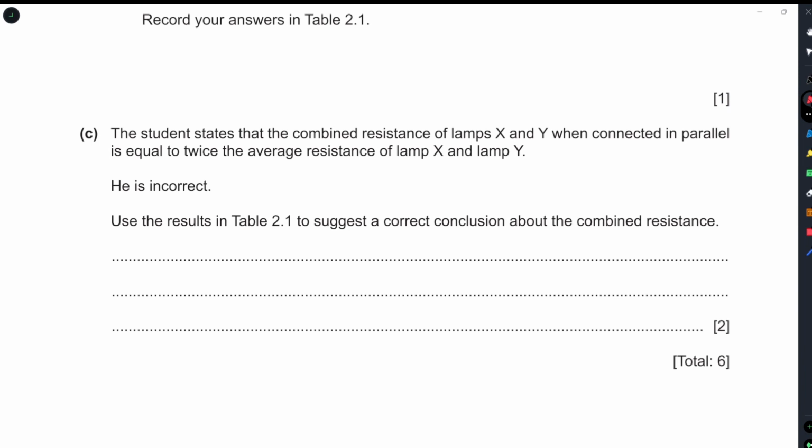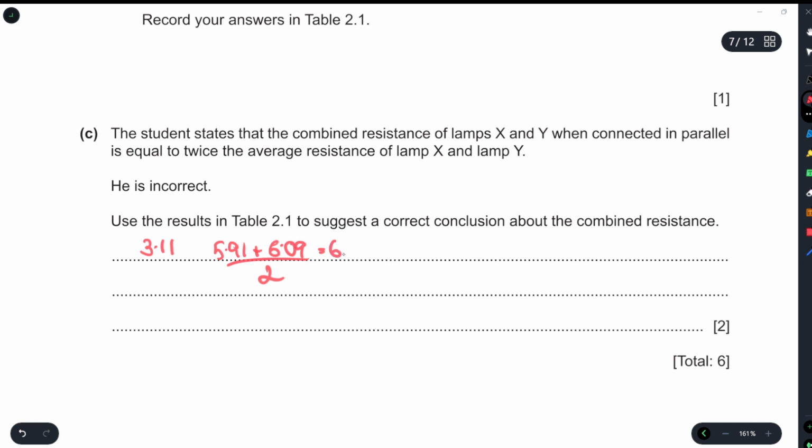ठीक है. तो आप ये वर्किंग यहाँ पे कर देंगे. सही है कि भाई 3.11 is the current parallel के अंदर जो resistance है वो 3.11 है. The combined resistance is 5.19 plus 6.09 divided by 2, which is equals to 6 ohms.